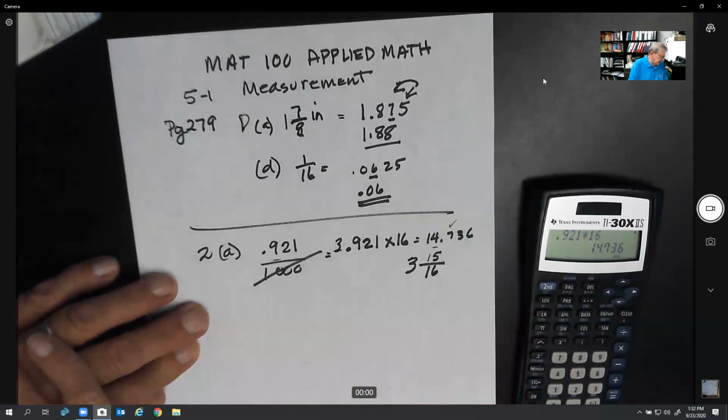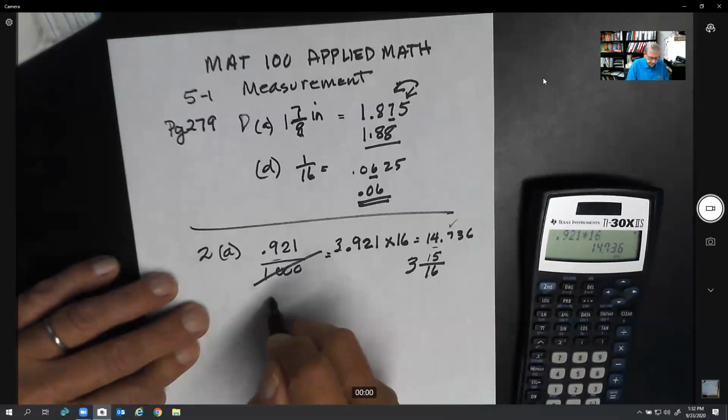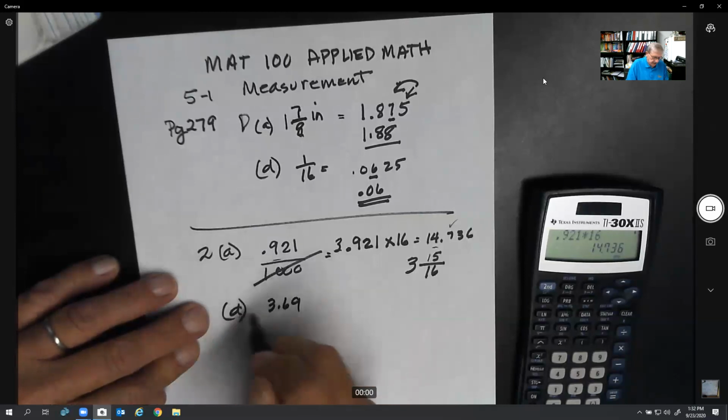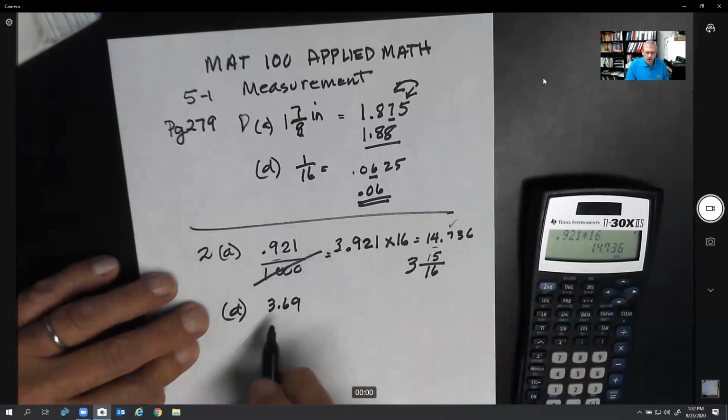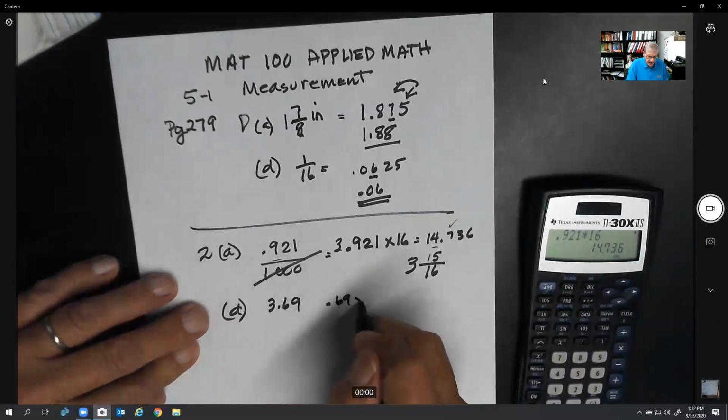Okay, let's take another one out of that section. Here's 3.69 inches. This is the D problem again, 2D. So what we would do is we would take the 0.69 times 16.